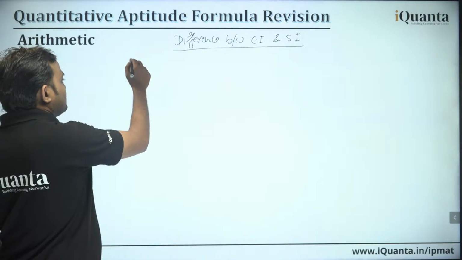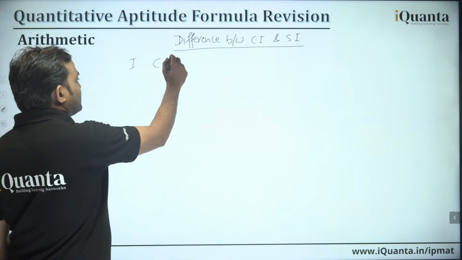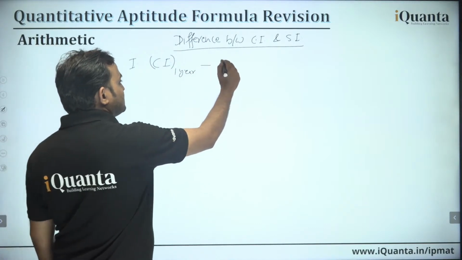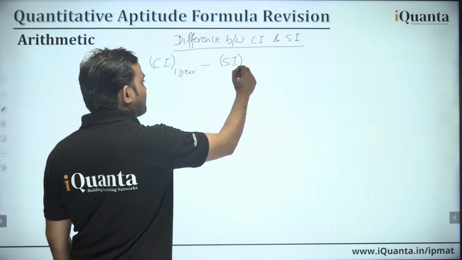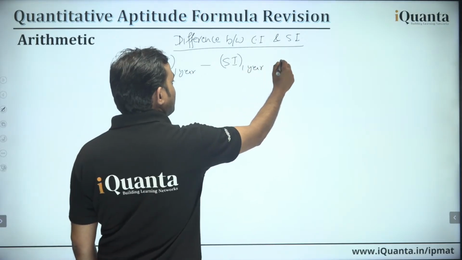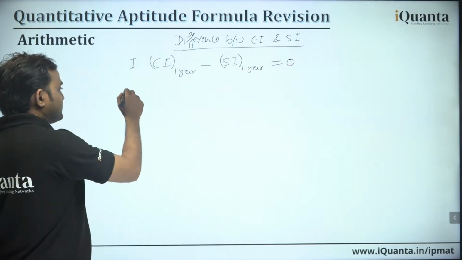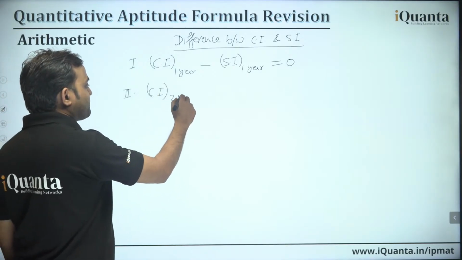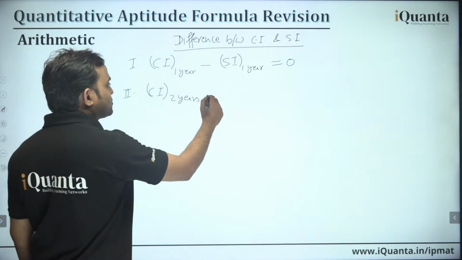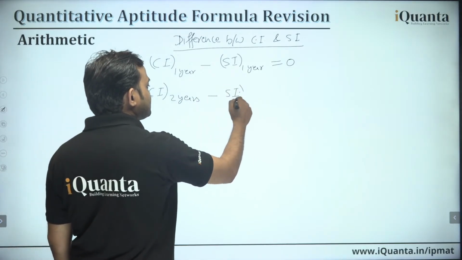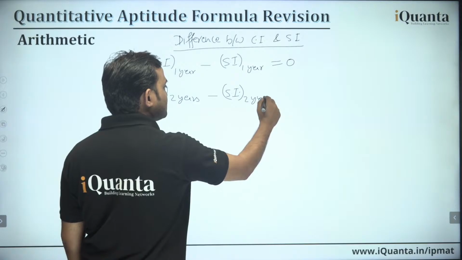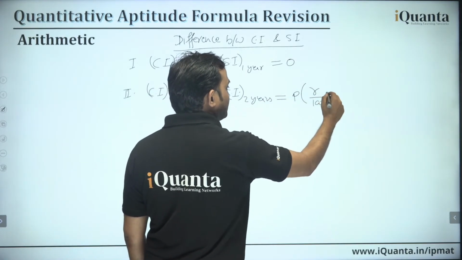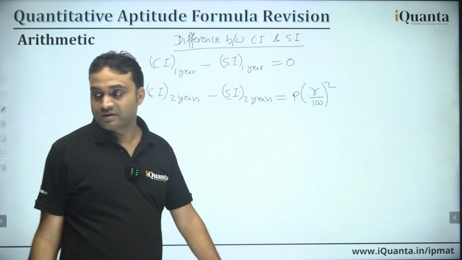What we can say, the difference between compound interest after 1 year minus simple interest after 1 year will be equal to 0. Then what will be the difference in total compound interest after 2 years minus simple interest after 2 years? So in terms of principal and rate of interest, this will be P into (R by 100) square.